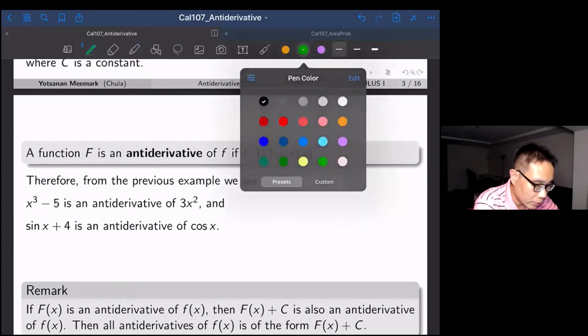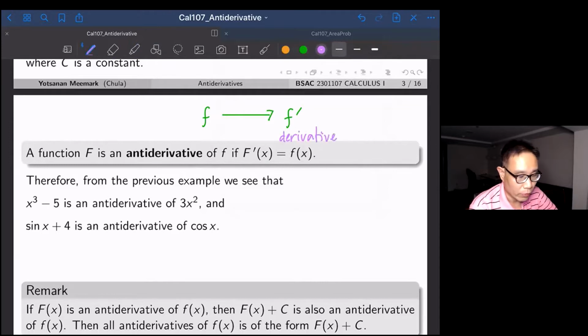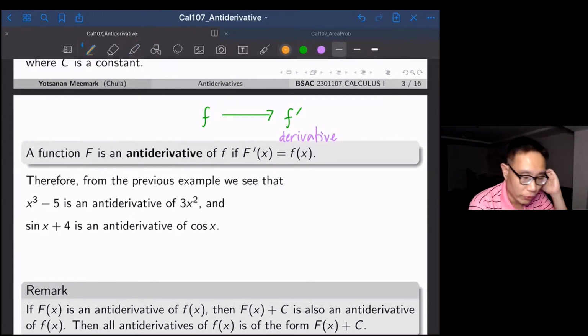You have the function f, and you have the function f prime. The thing that we have been studying is f prime, and this is called the derivative. The action of finding the derivative is called differentiate.